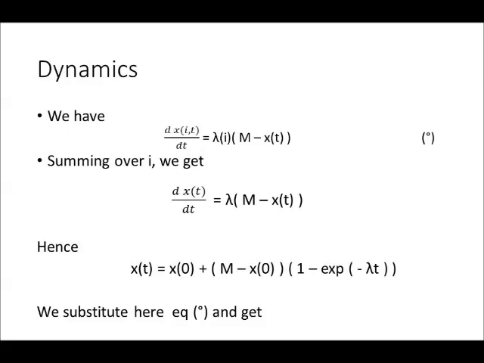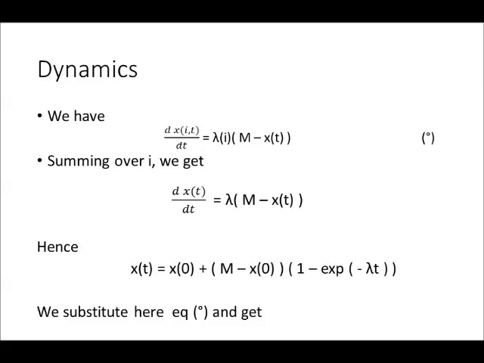The rate at which the number of copies of the content from source i increases is proportional to the number of destinations that don't yet have the content altogether. So it's M minus x(t), multiplied by the popularity scale, lambda_i, which is the popularity of source i.